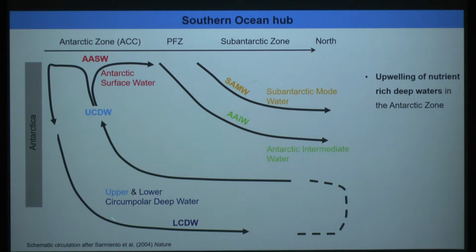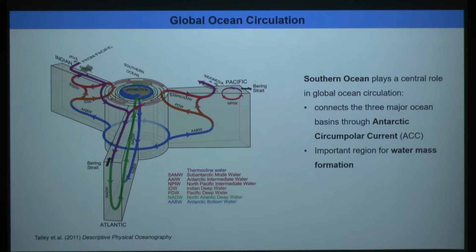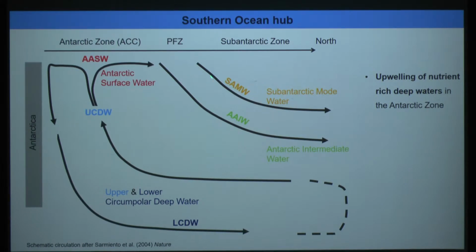And then below that you have lower circumpolar deep water, which pretty much just sits there, doesn't do very much. And if you go further north, this is what I also showed on this cartoon here. You have these red intermediate water limbs that originate here, they get subducted and flow out of the Southern Ocean.